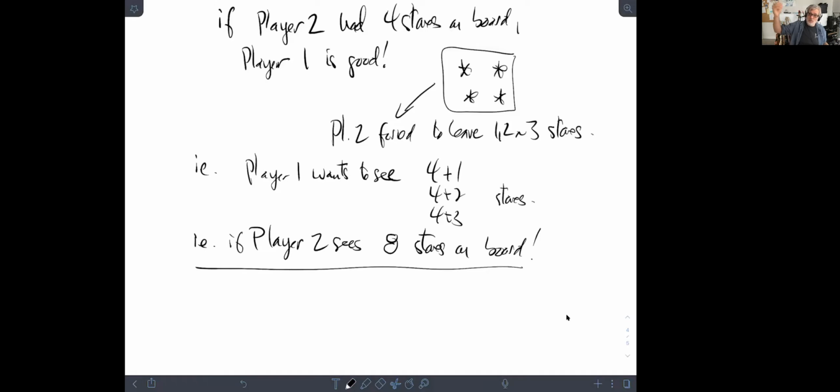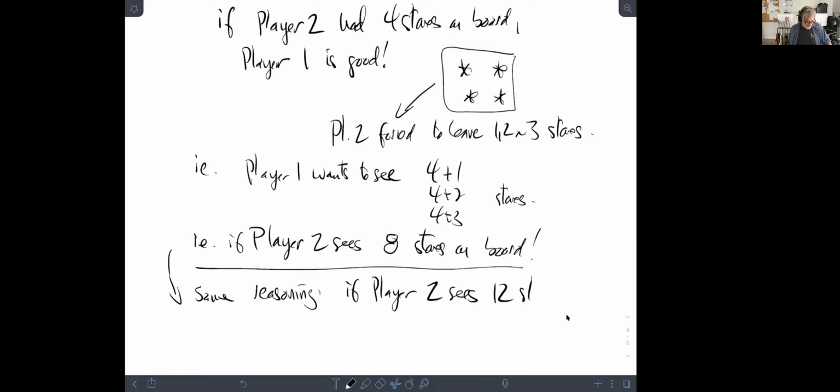Then player one can remove the required number to leave 4 to player two, and so on. So 12 is the right thing now, okay? So same reasoning. If player 2 sees 12 stones, player 1 is happy.